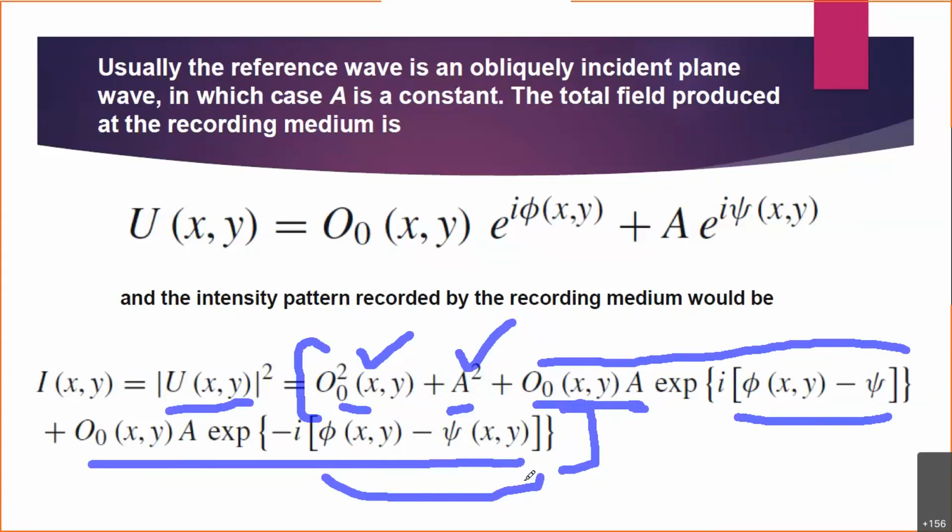So this is the mathematical proof in which we are saying that in the case of a hologram, we are not only recording the amplitude, which you see in the first and second terms, but apart from the amplitude, we are recording the phase component also, which is present in the third and fourth terms. So holograms not only record the intensity or amplitude, but also record the phase component, which is clearly visible from the third and fourth terms in the formula.